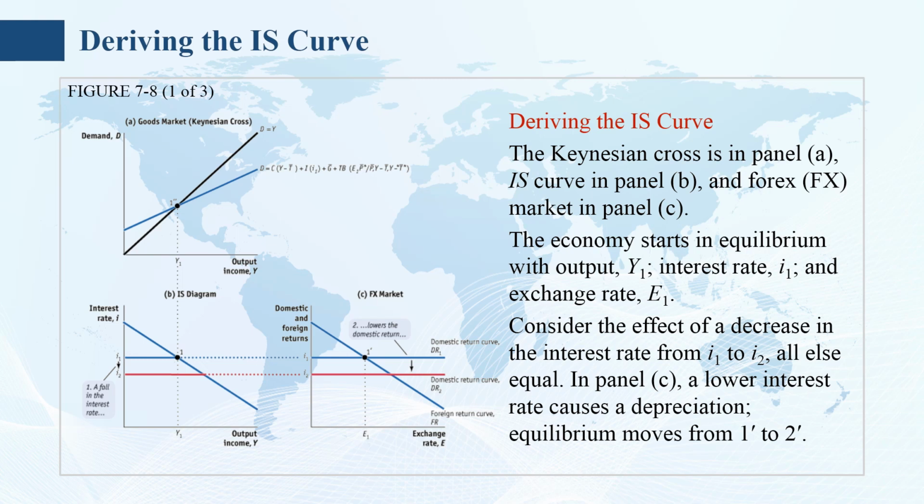In Figure 7-8, Panel B, we derive the IS curve by using the Keynesian cross in Panel A to analyze goods market equilibrium. In Panel C, we impose the uncovered interest parity relationship that ensures the foreign exchange market is in equilibrium.